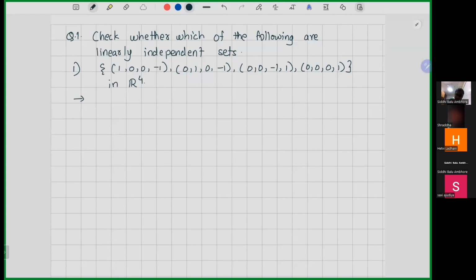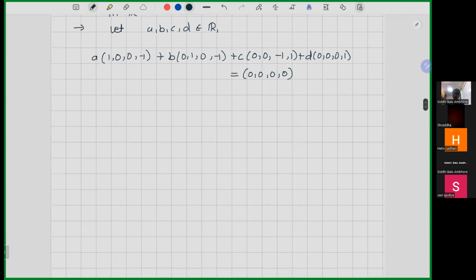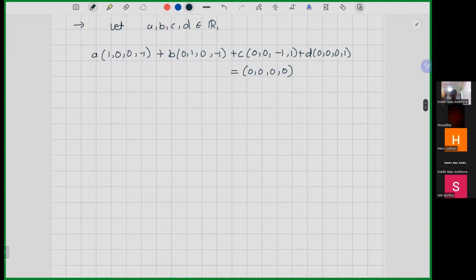Let A, B, C, D belong to R. If all of them are 0, then we will say this is a linearly independent set, and if not, then it will be a linearly dependent set.